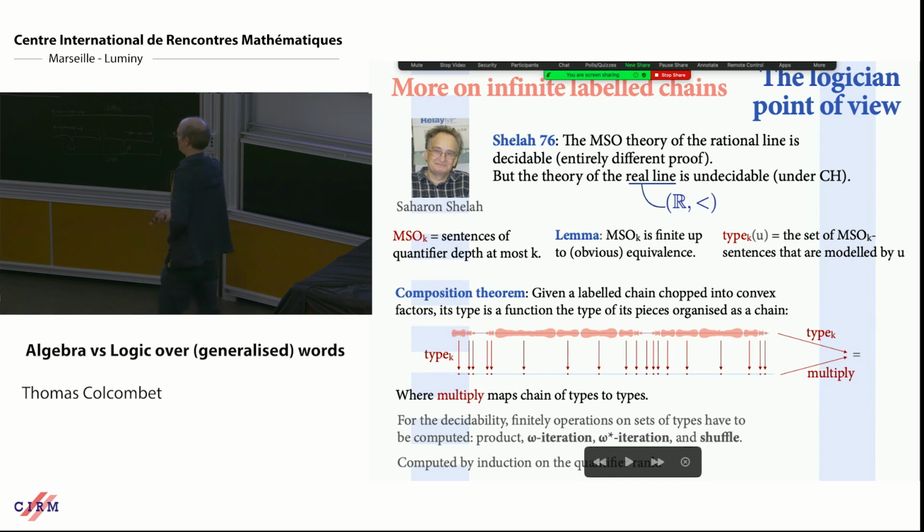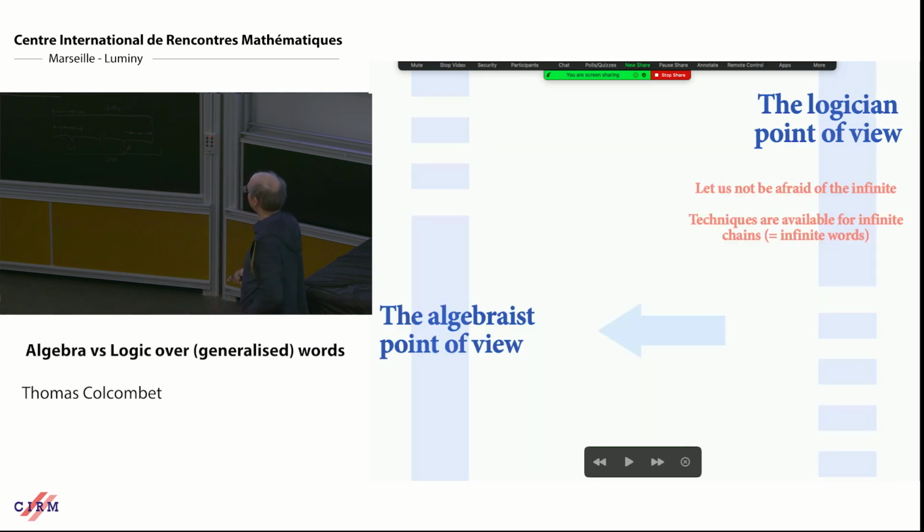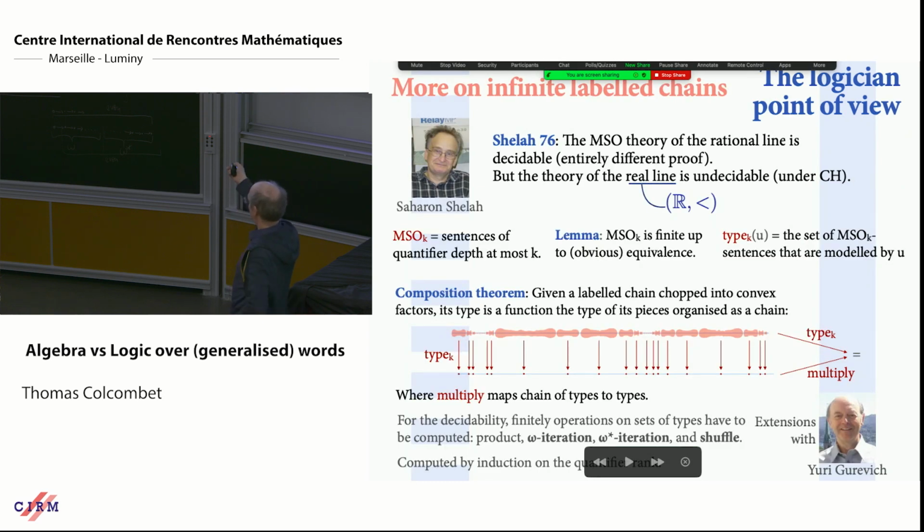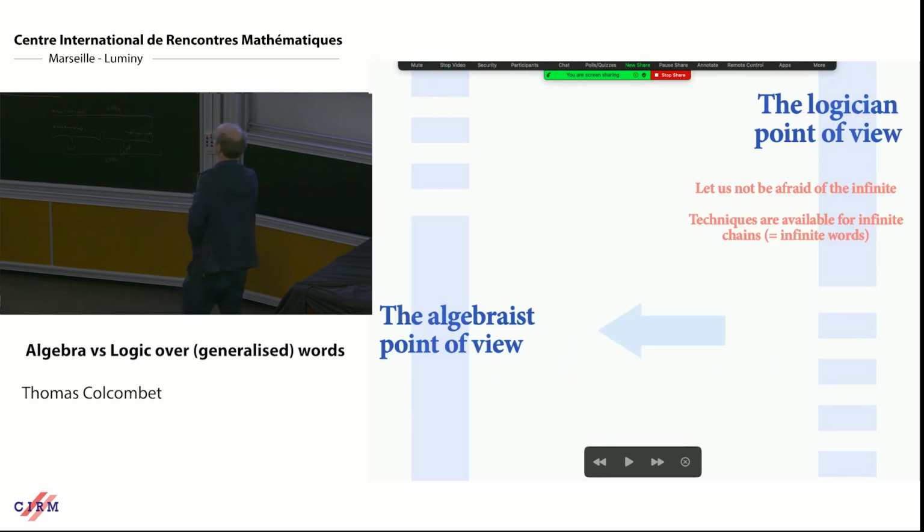And there is an argument by induction on k for being able to compute that. Then this result with Yuri Gurevich, they removed the continuum hypothesis and they went beyond the rational line, but for, well, I'm not exactly sure what it is, chains.